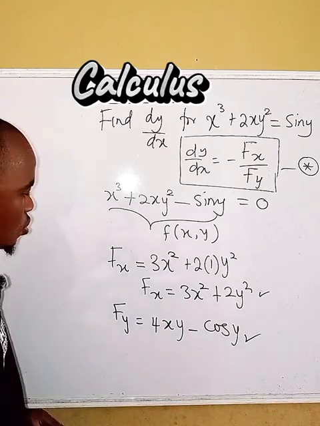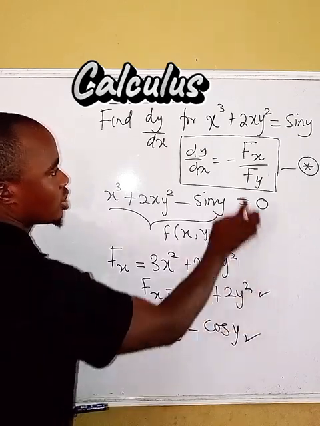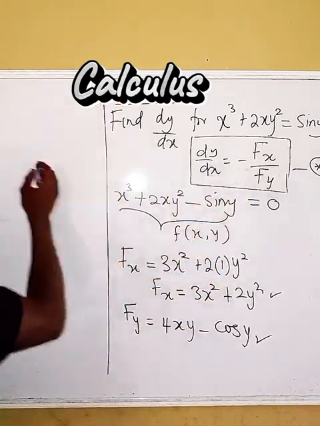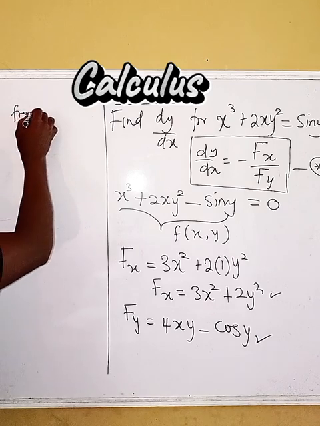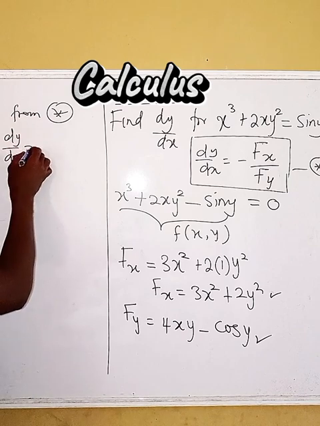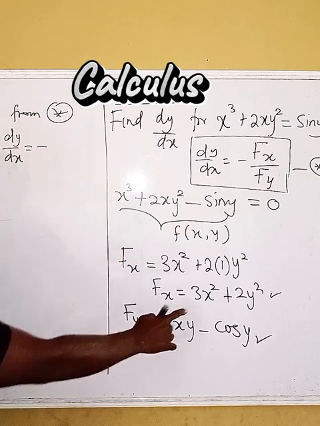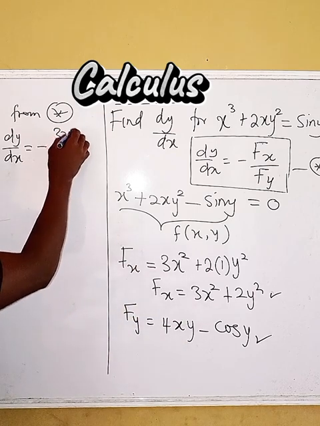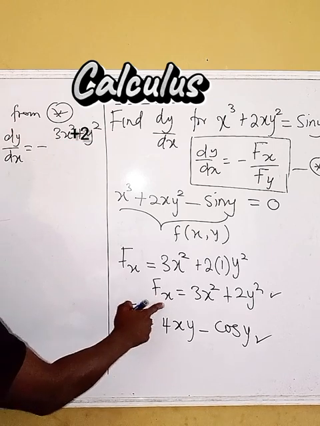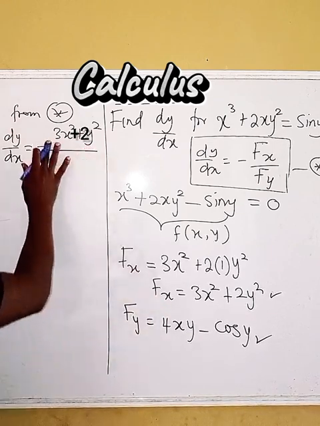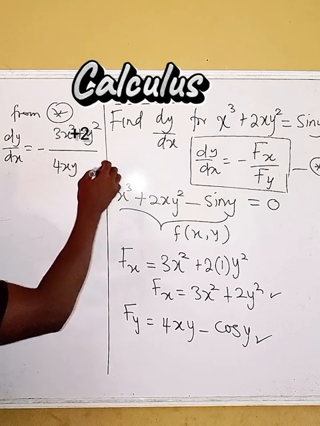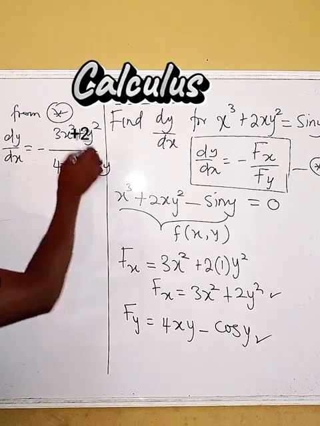Now the next thing we are going to do is now to plug in these two values into what? Into this star. So coming to this star, from star, dy dx will now be negative 3x squared plus 2y squared. That is our partial derivative of x divided by, for this, 4xy minus cos y, okay.